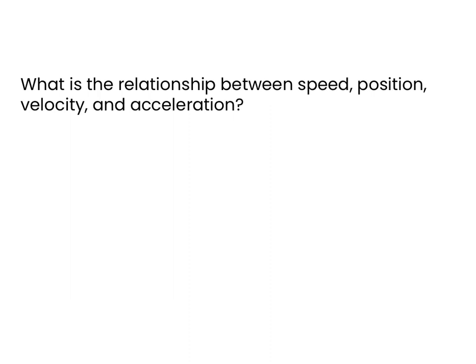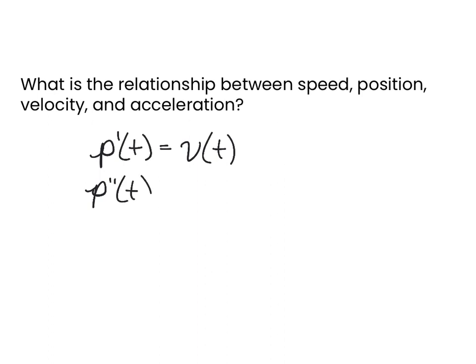The next problem asks, what is the relationship between speed, position, velocity, and acceleration? Well, if we remember the position function, if we take its derivative, that gives me velocity. And if we were feeling feisty and we did a second derivative for position, which is really like the derivative of velocity, we would get acceleration.